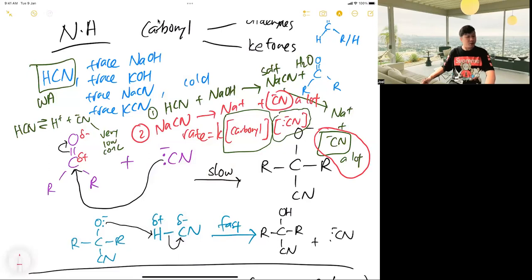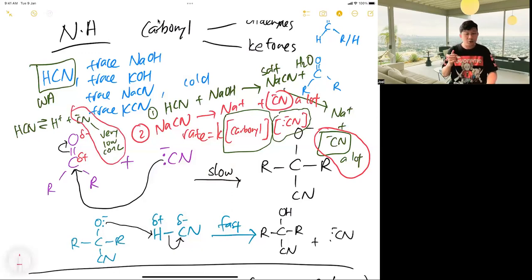That's the reason why we add the trace. I repeat again, in this whole entire nucleophilic addition, I need a reasonable concentration or high concentration of CN minus. Throwing HCN there by itself doesn't help because it's a weak acid. HCN by itself dissociates partially, very little only.